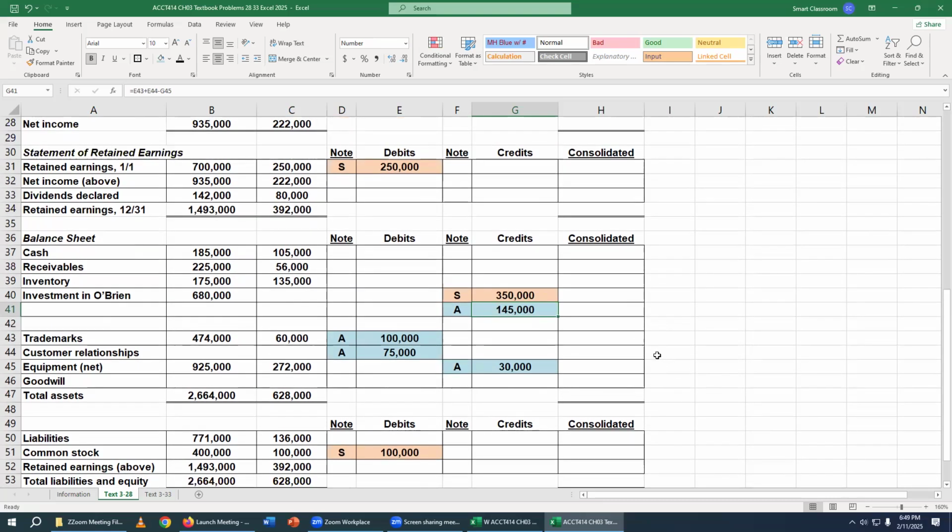Okay, dividends declared. Dividends declared, that's gonna be the one that we put back on the books.